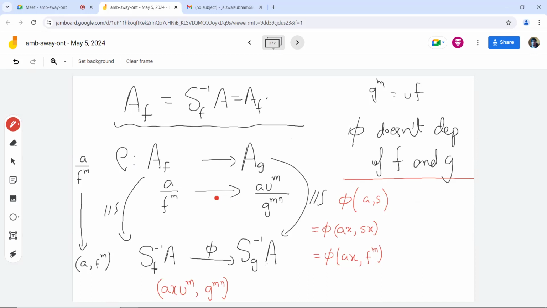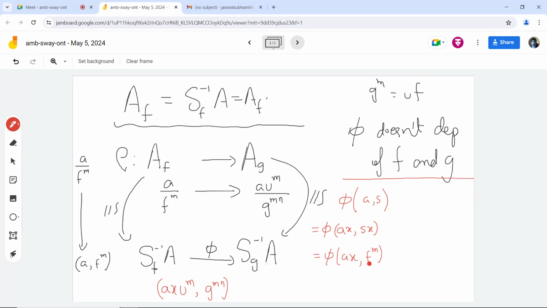And what do we need to show about this? We need to show two things. One is that this does not depend on this f that we chose here. I mean, it will not depend on this f because it's a map, right?